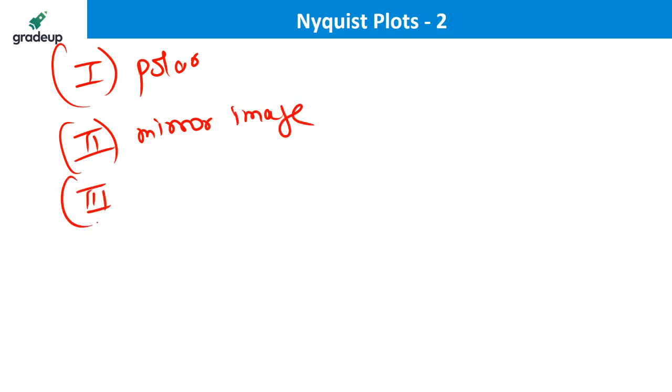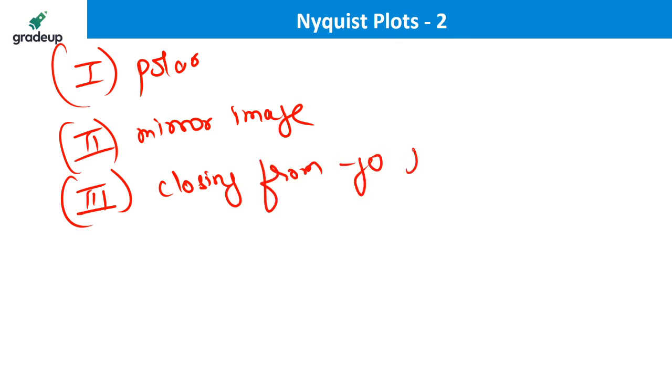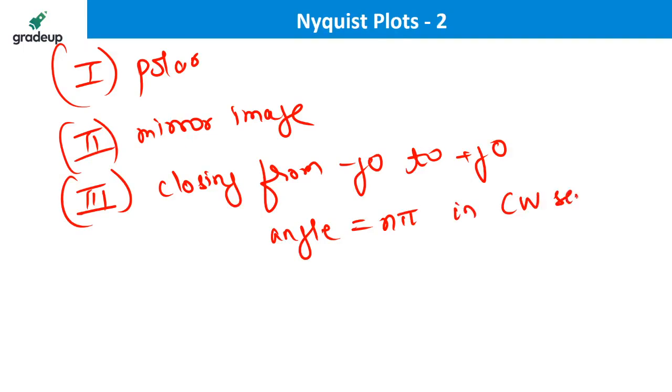Step number 3 was closing from minus j0 to plus j0. And what was the closing angle? Through an angle equal to n pi in the clockwise sense. Correct? Through an angle of n pi in the clockwise sense.